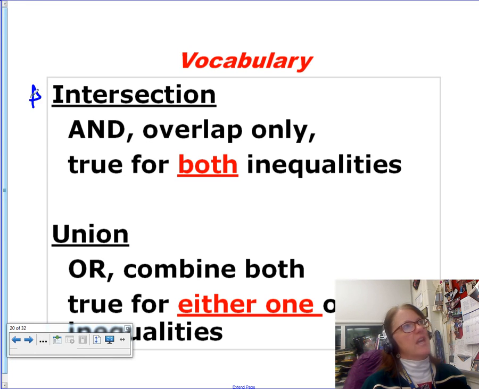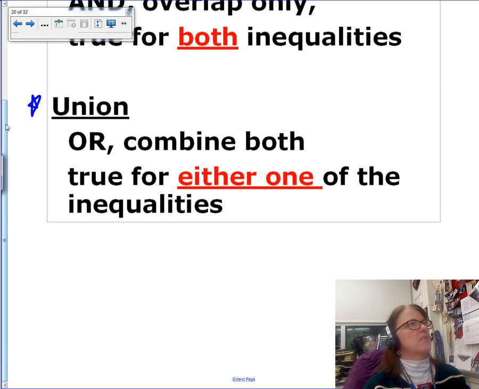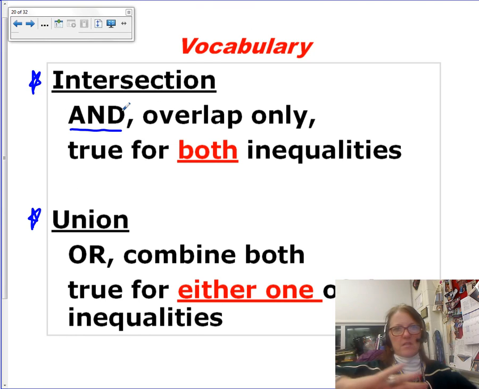The two words that kind of illustrate this are these ones. The word intersection is when you have and. That's this. I have this, and there is an overlapped region, and there's a section that gets cut from both of them and satisfies both at the same time.